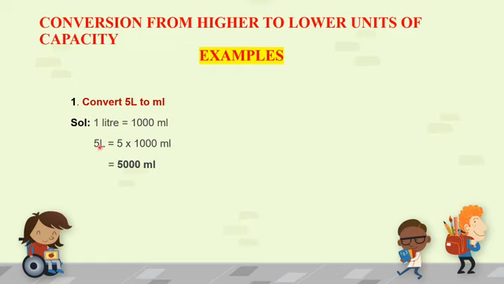And then solve your problem using the basic operation which is needed to solve the problem. So here it is 5 into 1000, 5000 milliliter.